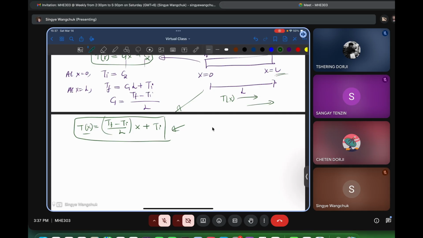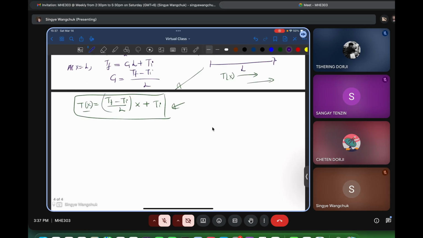So according to Fourier's equation, we know that Qk = −kA dT/dx. That is the Fourier equation.